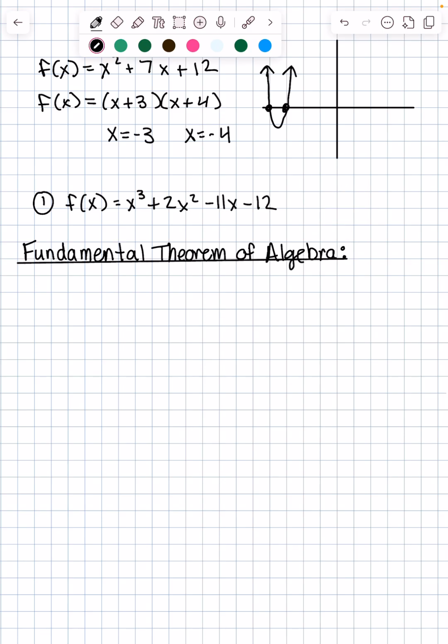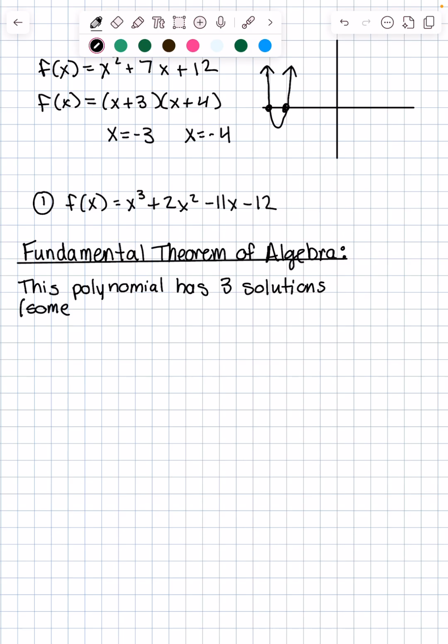Okay? So that says that this polynomial, the example above, has 3 solutions, the same number as the degree. But like we did before, some solutions are real and some are imaginary.